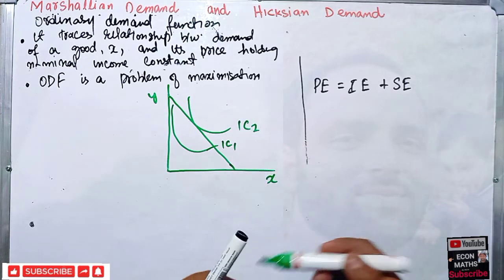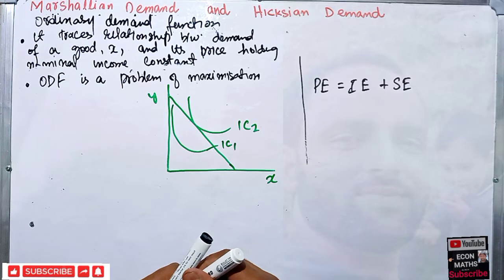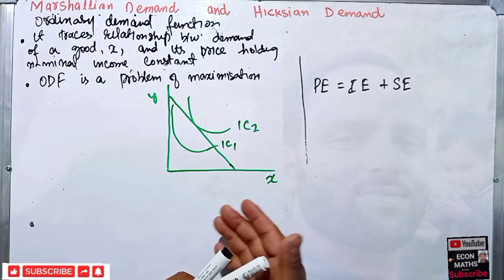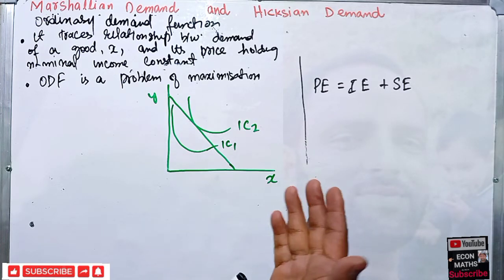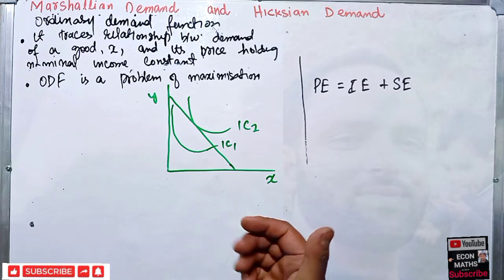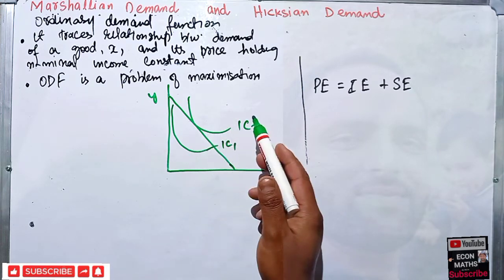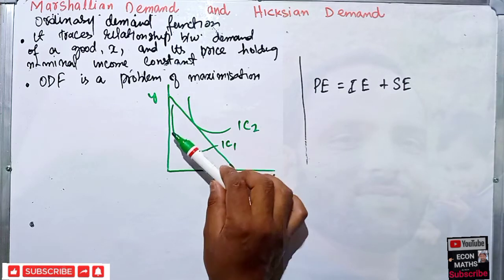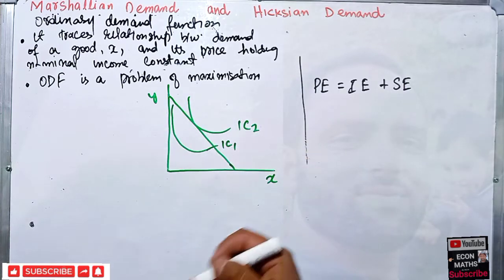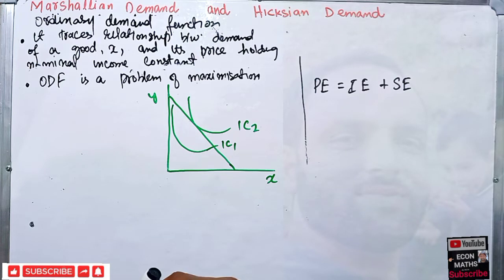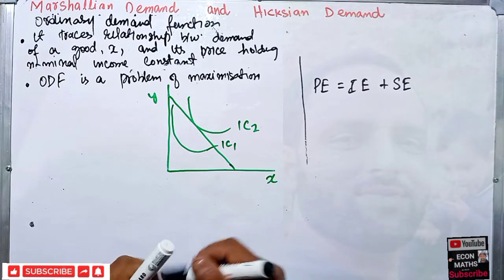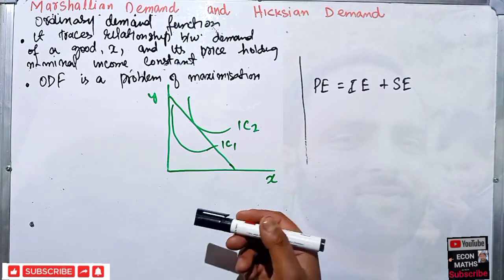So in case of the ordinary demand function, since the budget, rather the income, is constant, the consumer wants to reach the higher indifference curve. So we are given the budget and the consumer wants to reach the higher indifference curve. That means with given income we want to maximize the utility.